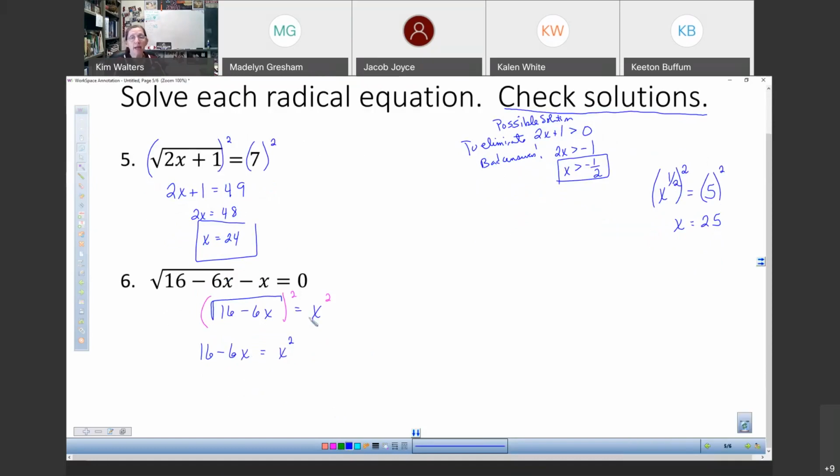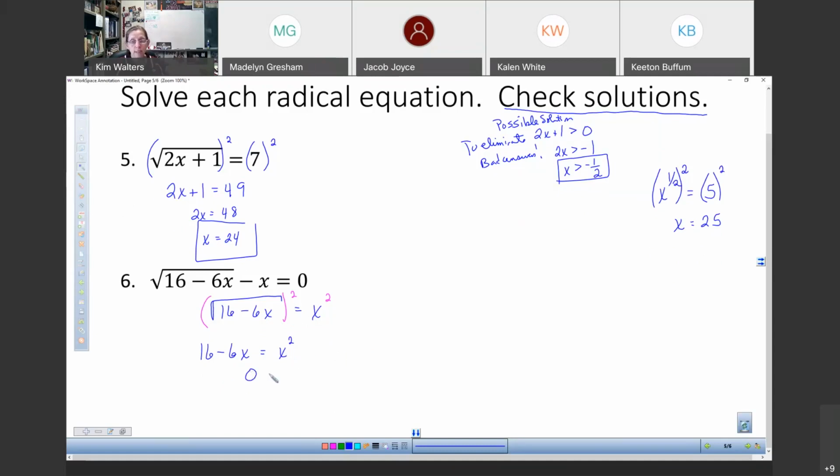Okay, so now what I see is a quadratic equation. And going back to what we talked about yesterday, with a quadratic equation, I have to set it equal to 0 in order to solve it. So I would really prefer to have that x squared as a positive x squared. So I'm going to leave the x squared over here, and I'm going to move everything else across the equal sign, changing its signs.